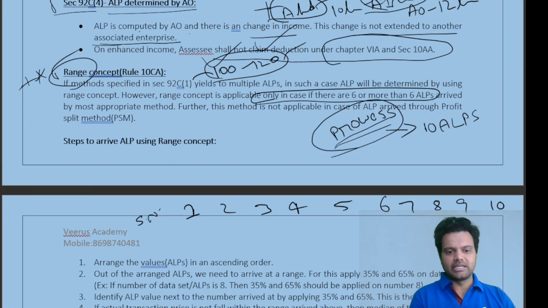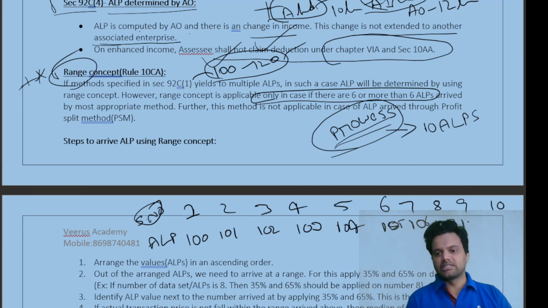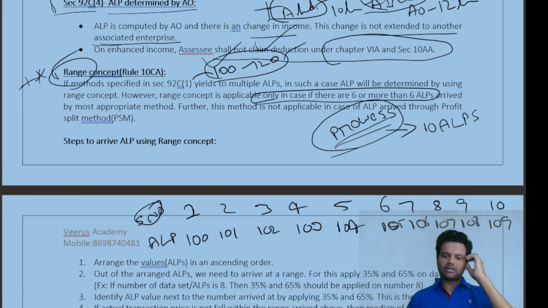So I would say serial number or data set, whatever it is. Now I'm writing the ALPs here. First ALP 100, 101, 102, 103, 104, 105, 106, 107, 108, and 109. This is my serial number and this is my ALP. Total there are 10 ALPs.